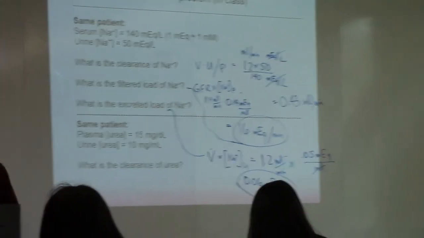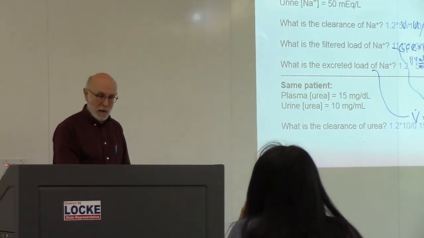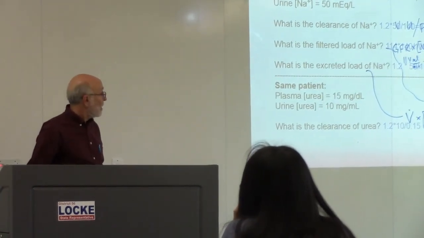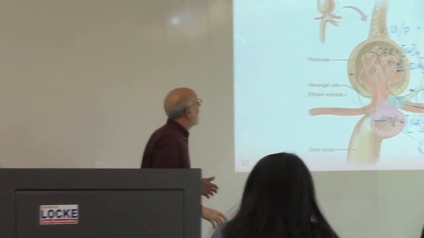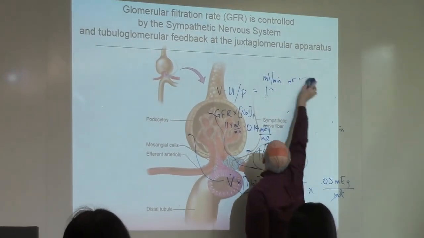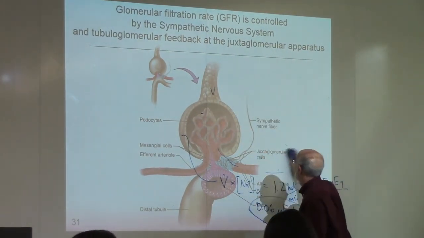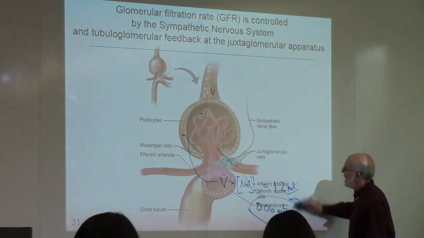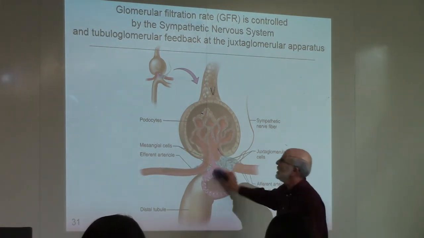Okay, and then there's a final problem with urea. You can do that one at home, just to increase your knowledge about this. And then on Tuesday, we will pick up and talk about how GFR, glomerular filtration, is controlled by the sympathetic nervous system and by the macula densa.